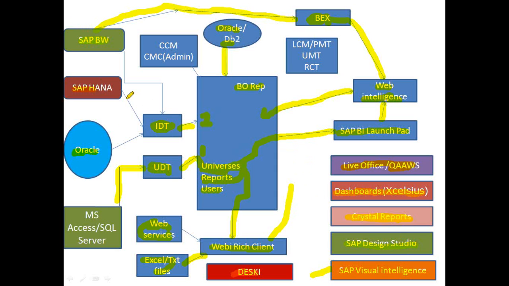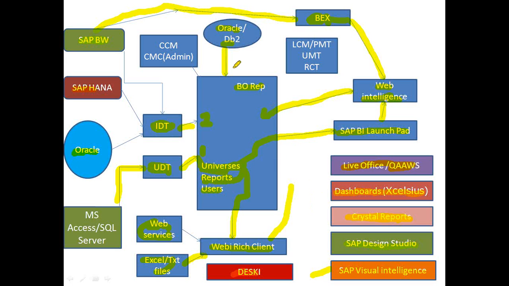It cannot access Oracle and Microsoft SQL Server. But the dashboard can access any source system; there is no limitation with the dashboard tool, whereas Design Studio has limitations. We will cover this in our regular session, and after completing the training you will better understand the differences between the dashboard tool and SAP Design Studio.